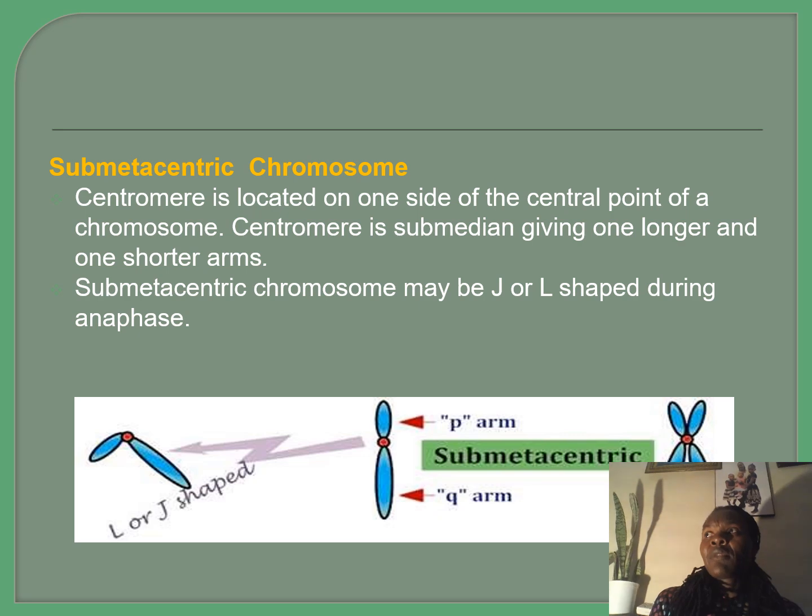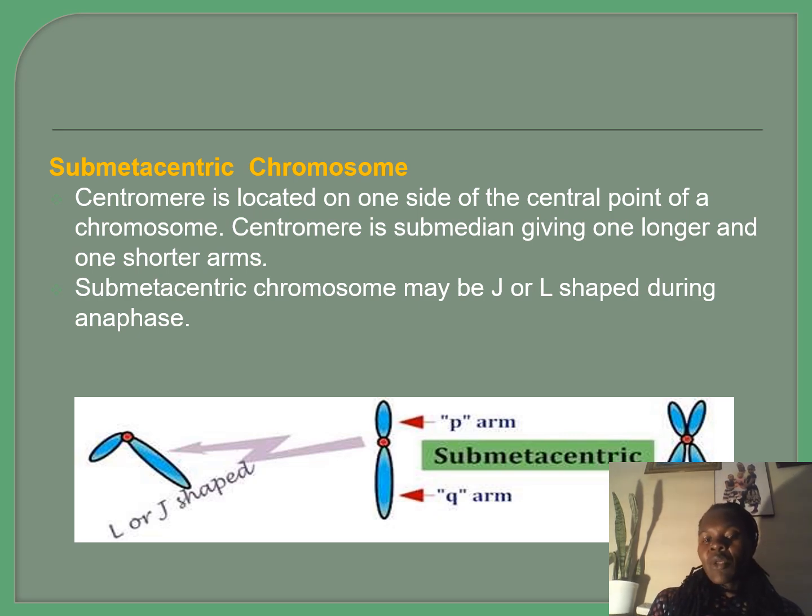It's not 50-50, but there is a percentage which has gone much to one side. So it is slightly above the middle point. So the centromere is submedium, giving one longer and one shorter arm. So they always have an L shape or a J shape during anaphase.